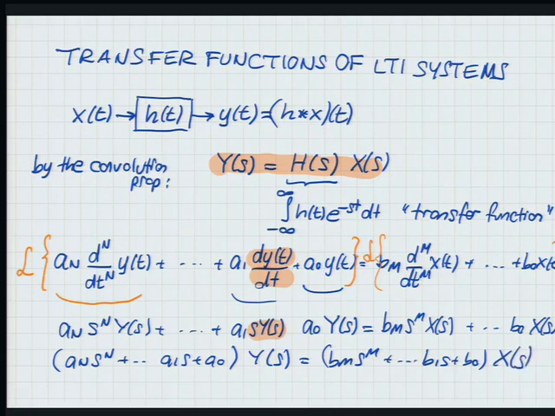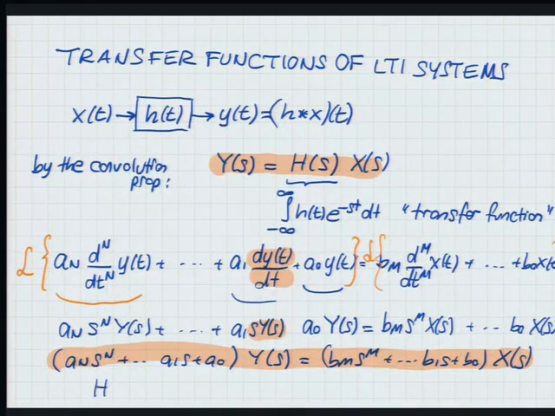Looking at this expression and this y of s, h of s, x of s equation above, can you tell me what h of s is? Just look at the two shaded lines. What is h of s?